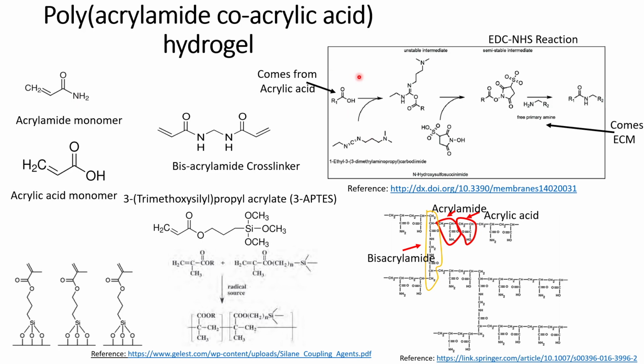EDC will react with this acrylic part to form an unstable intermediate, and this unstable intermediate will react with NHS to form a semi-stable intermediate. This semi-stable intermediate can then interact with the free amine groups present in the extracellular matrix proteins, and thereby it will bind to the hydrogels through this semi-stable intermediate form, and this is the final binding of ECM with the hydrogels.